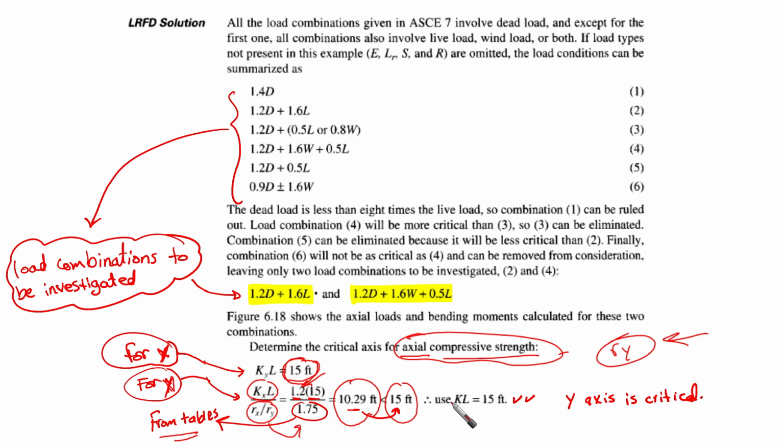This means that KyL is critical. The Y-axis is the critical one for us. No need to consider the effective length in X. Ky, the common one, is going to be the dominant, or we can say the governing case.